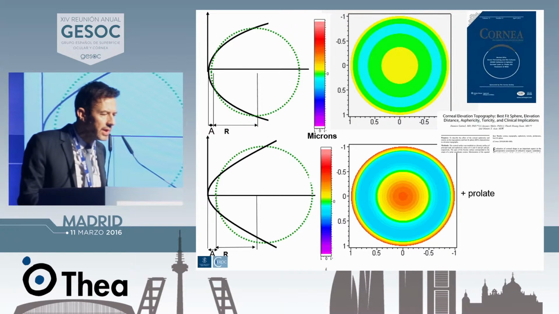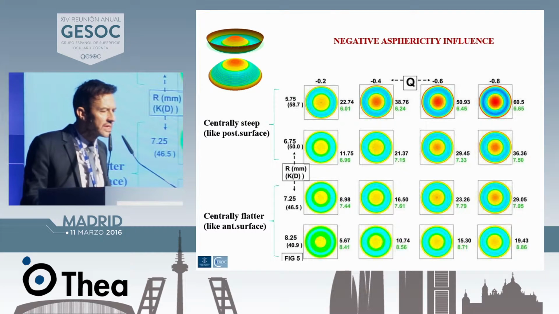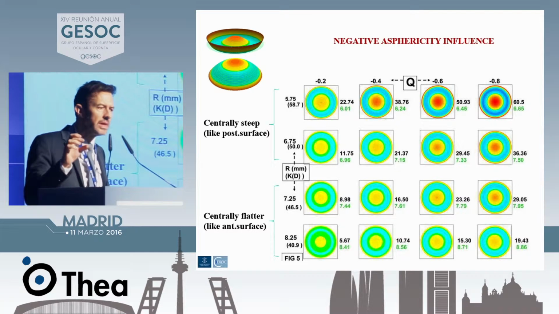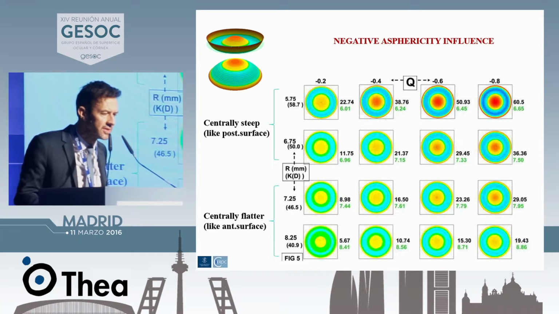And if we try to plot what's going to be happening in a cornea like this, interestingly also, and we published this in Cornea, when you look at what happens on the posterior surface when it becomes more aspheric, which is the Q value becoming more prolate, you see that the red in the middle goes way higher to warm colors than if you address less steep surfaces, such as the anterior surface.